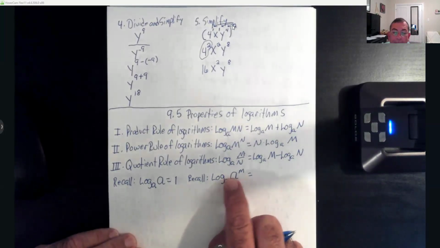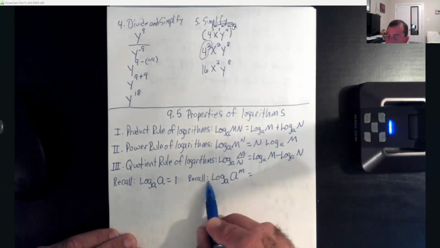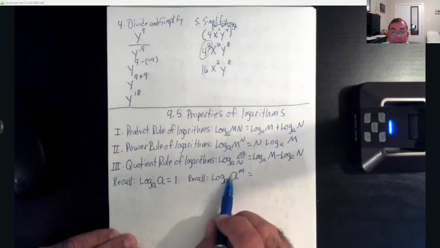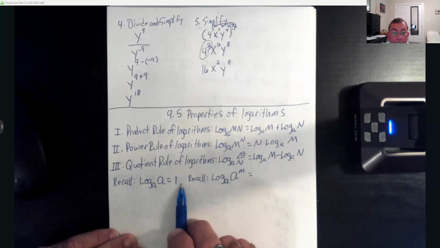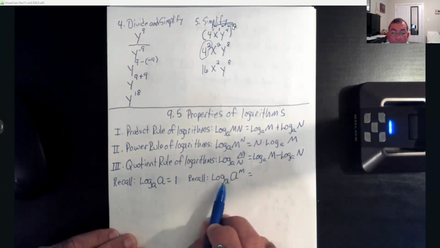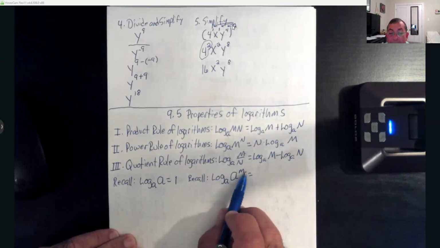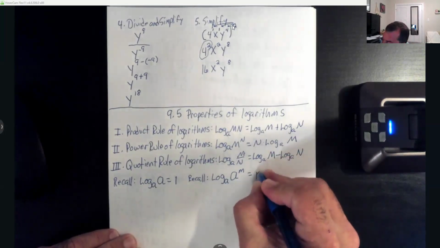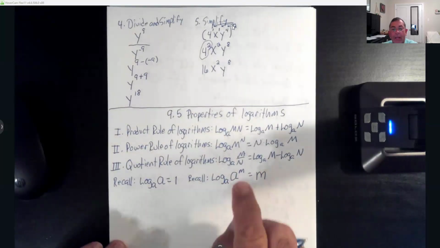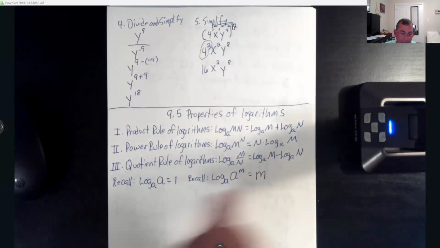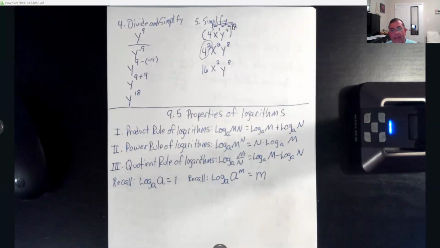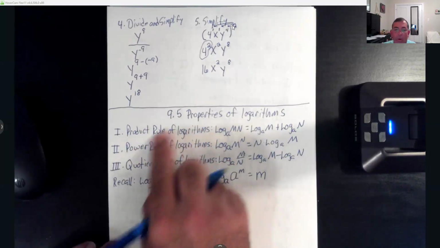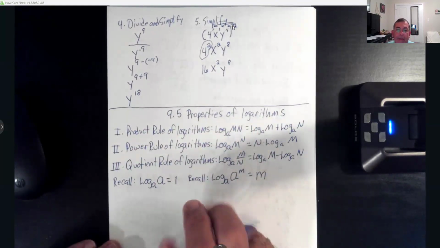So if we get this situation, we would technically bring the M down times the log base of A using the power rule. But the log A of A part equals 1. So in the long run, if you got the log of a base raised to an exponent, y'all, in the long run, that is just going to equal the exponent. All right, so those are the properties we're going to be working with in this section.